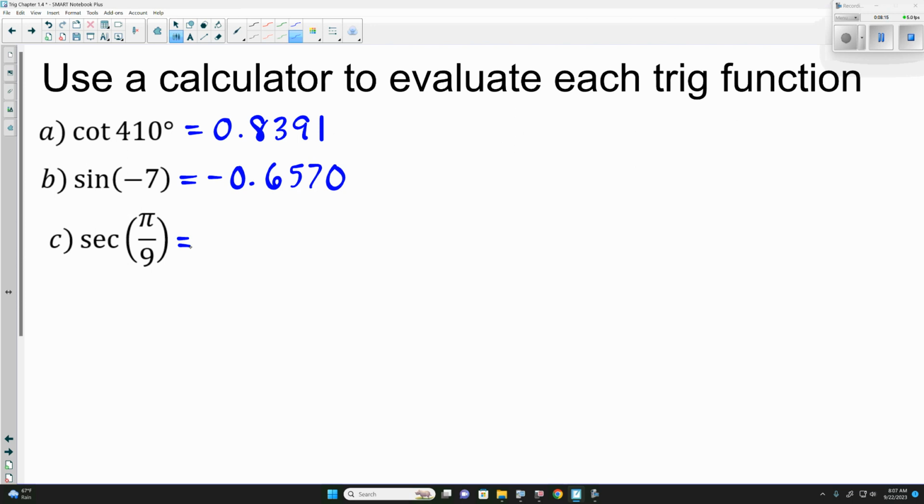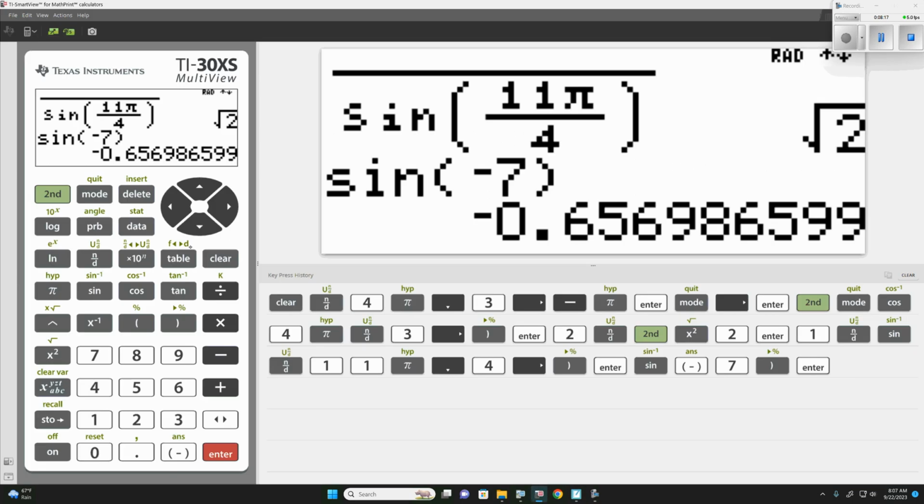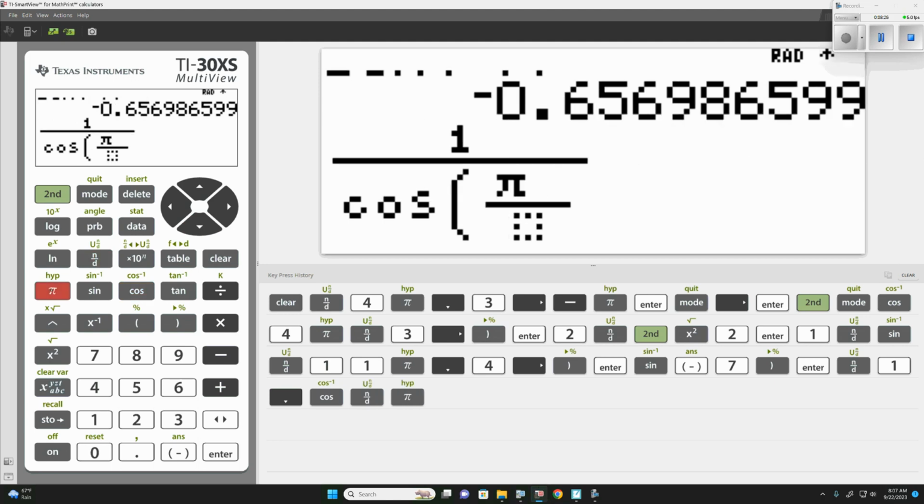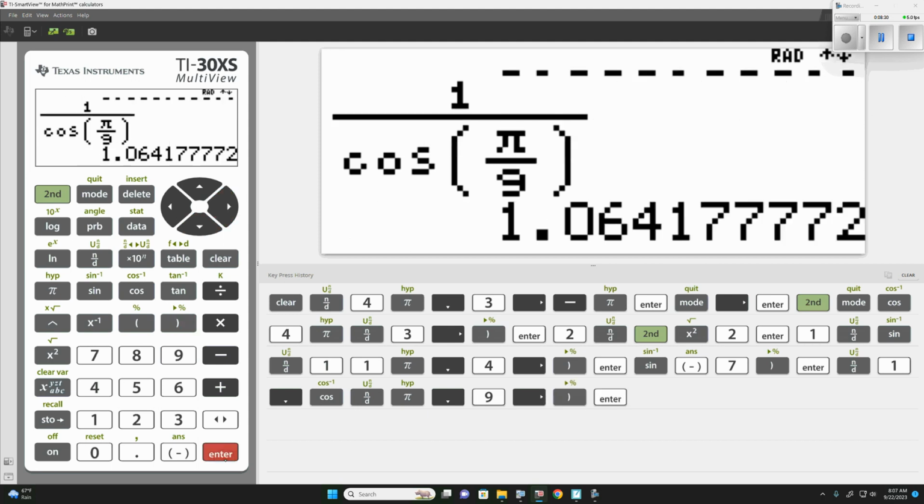Secant's 1 over cosine. So we can say 1 over cosine of pi over 9, yes? 1.0642.